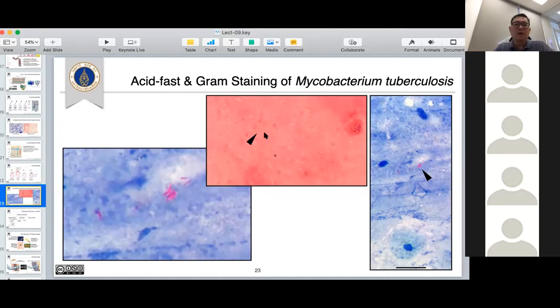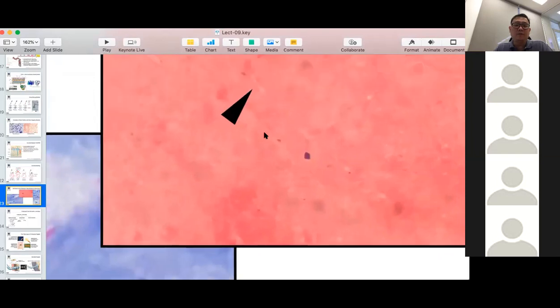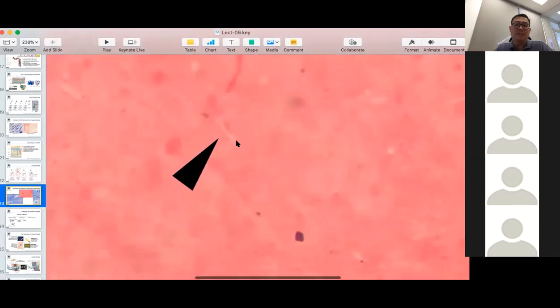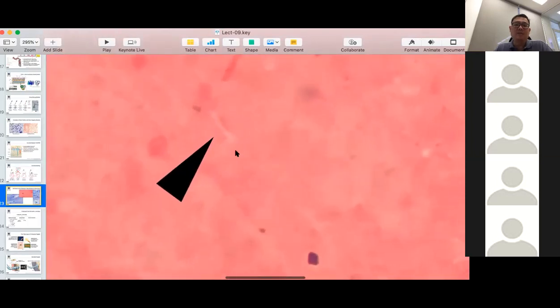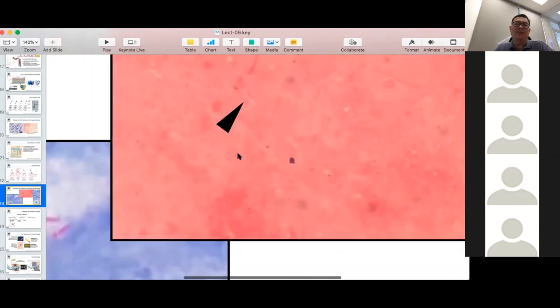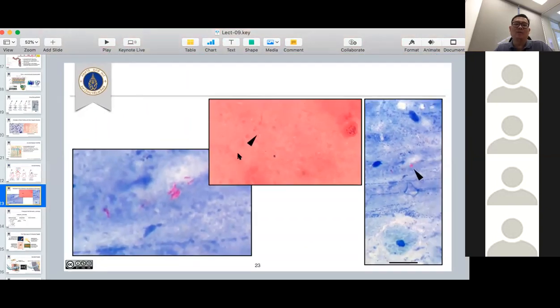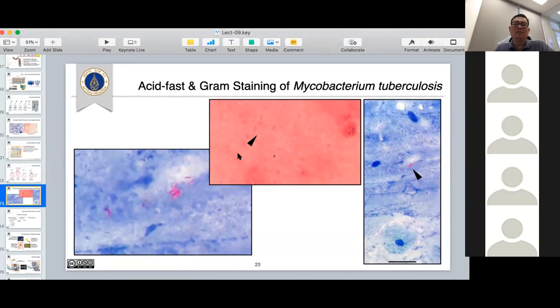Cells, it is so difficult. If I zoom like this, you see the cell? Yes. Well, this is very difficult to see, right? It's called a ghost cell. Okay. Thank you.